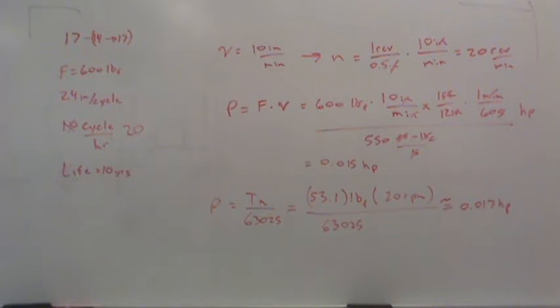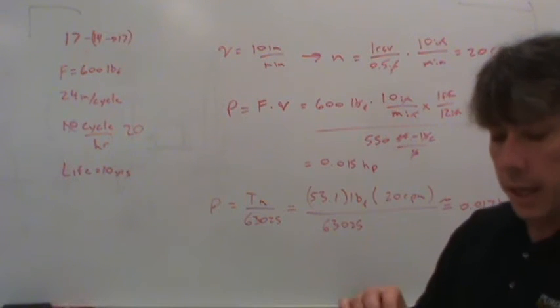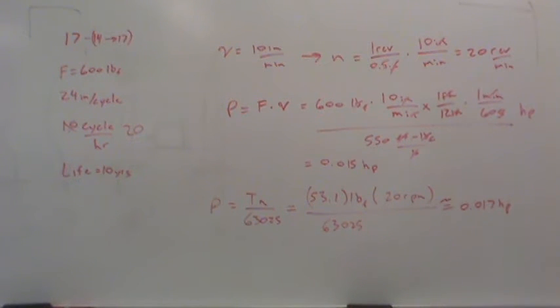So now what we have to do is go back to figure 17.8 on page 590. Now the load has not changed, right? The load is still 600 pounds, so we're still on the same horizontal line. And basically this is a log-log plot of the load-life relationship, which is equation 17.12.